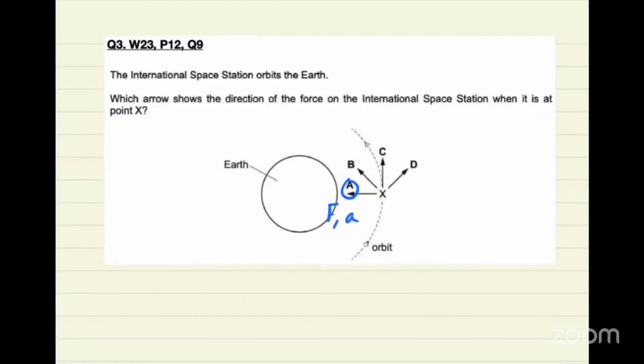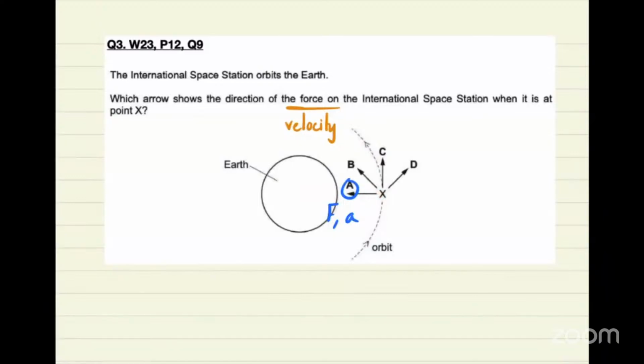Let's say the examiner asks, instead of the force, for the direction of velocity. And honestly, these are the only types of questions that the examiner can ask here. So how would you give the direction of the velocity?